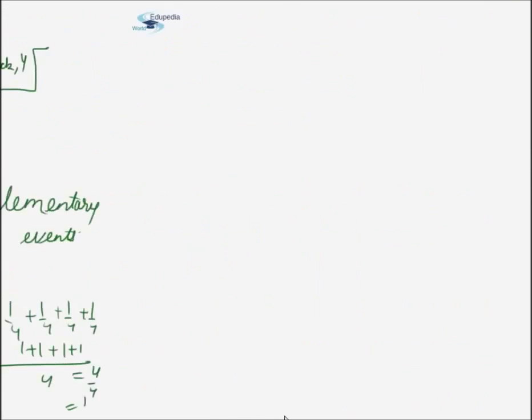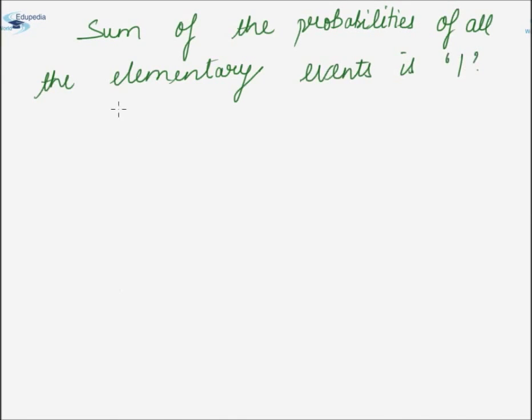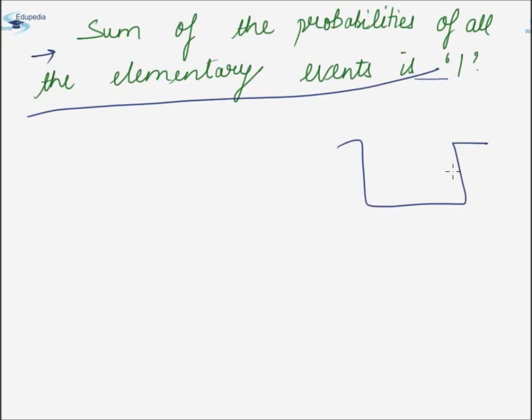That is, the sum of the probabilities of all the elementary events is 1.